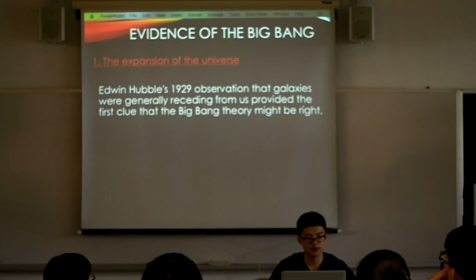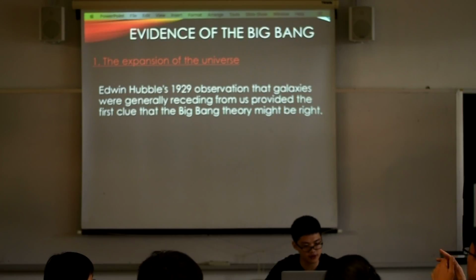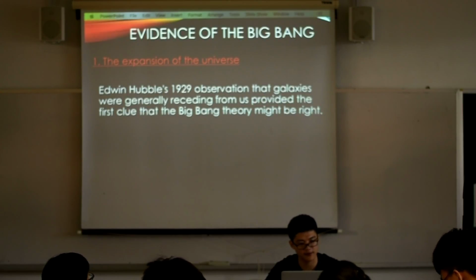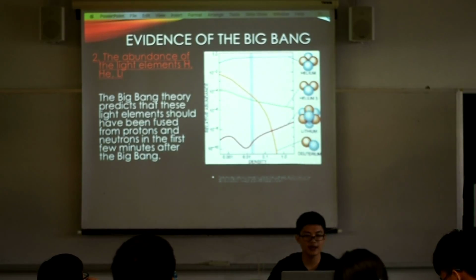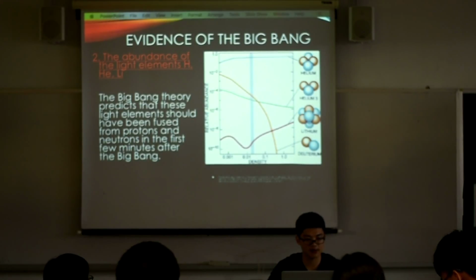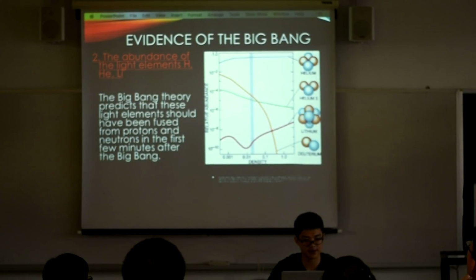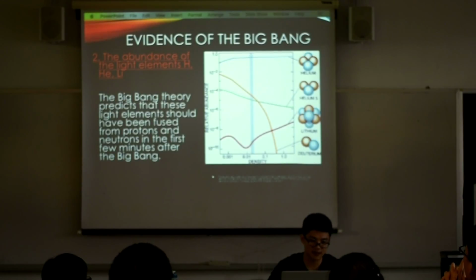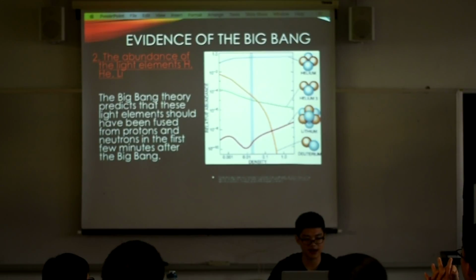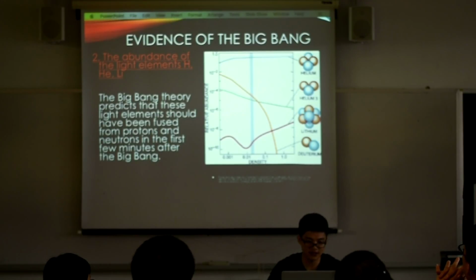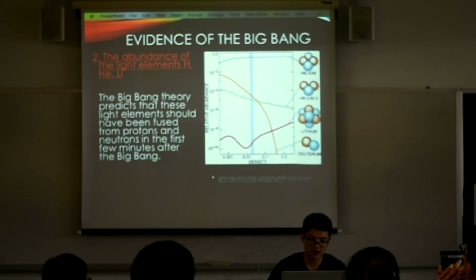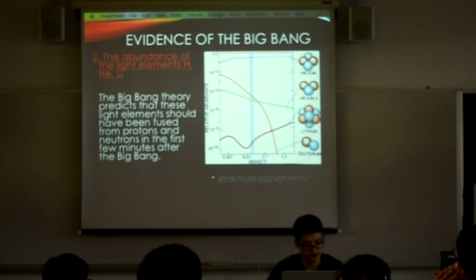So we can see we have three pieces of evidence of the Big Bang. First is the expansion of the universe proved by Hubble's law. The second one is the abundance of the light elements, hydrogen, helium, and lithium. We can see the abundance of hydrogen is much larger than any other element, and hydrogen plus helium takes most of the elements inside our universe.